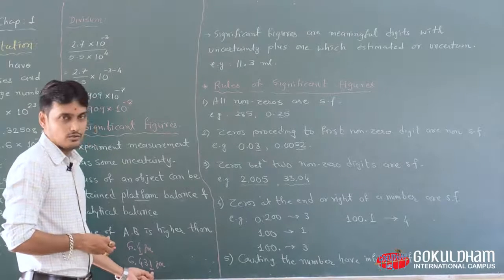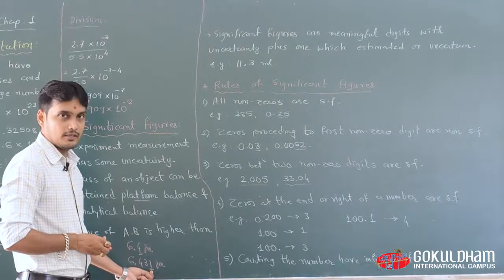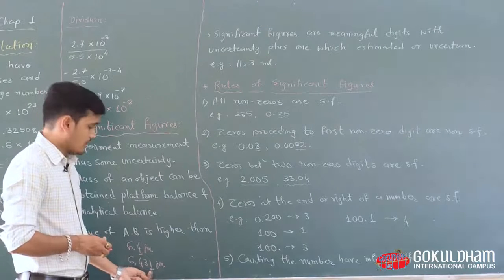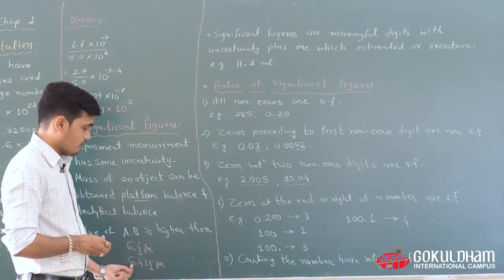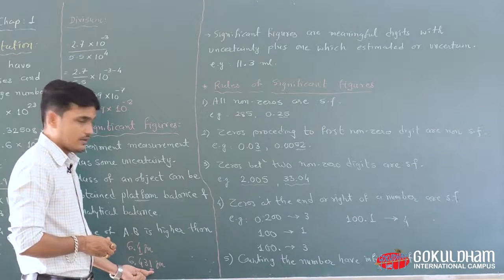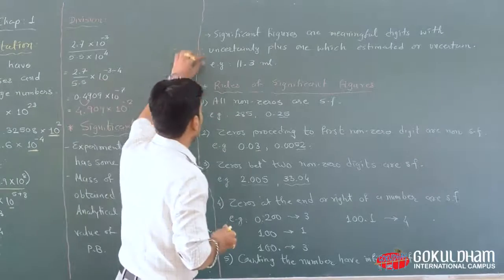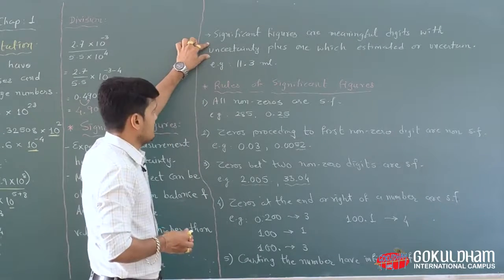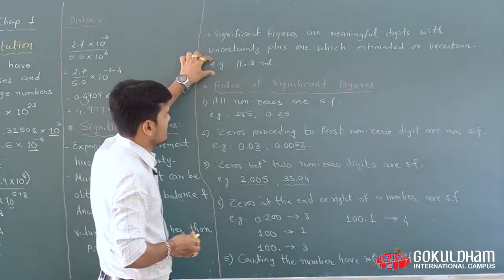The error of uncertainty is plus or minus 1. Suppose this value is 6.432 or 6.430, the error can be of plus or minus 1. In this definition we can understand by this example.